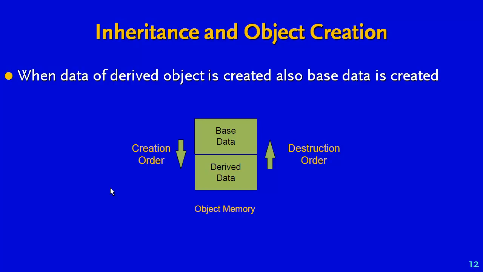When you create the derived class data, you first of all have to create the base class data, and after that you actually implement the derived class data. You initialize the derived class data in that particular order. When the objects go out of scope, it's in the order of first the derived class data gets cleaned up. The data could be on the heap as well, and then the base class data.